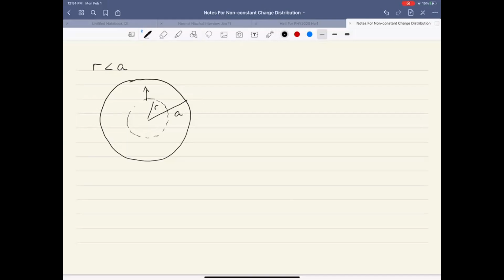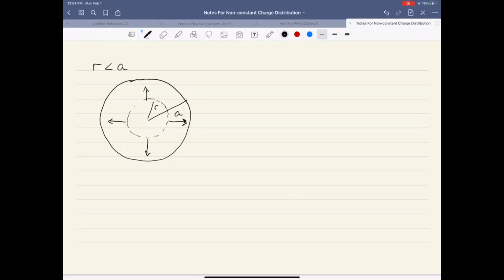And I know that for point charges the electric field points radially outward in all directions. So there's really no reason that it shouldn't do that for this too, right? I should have an electric field that's pointing radially outward everywhere. So even though I don't know exactly how the magnitude goes, I can at least draw my direction. Okay.